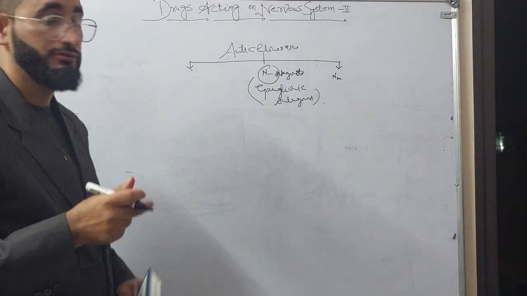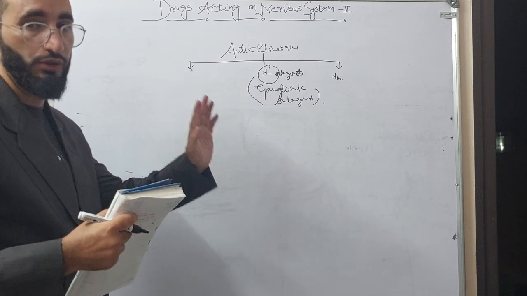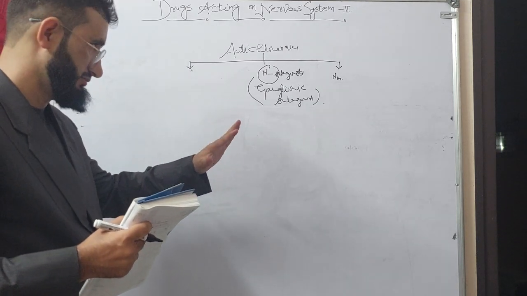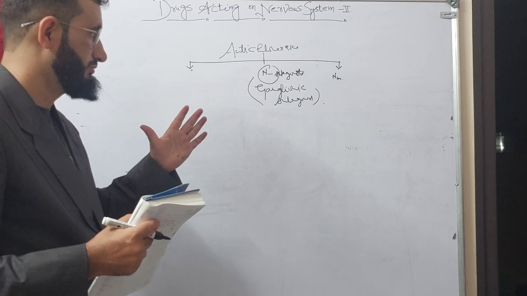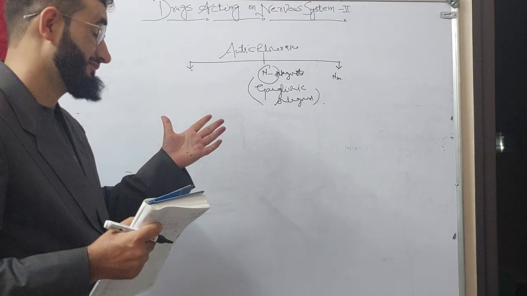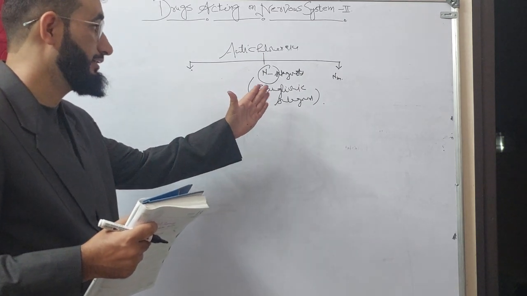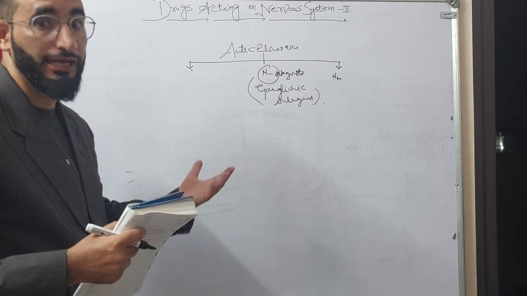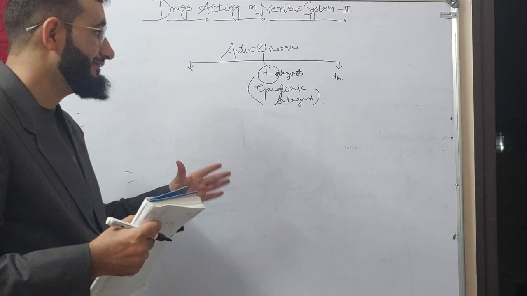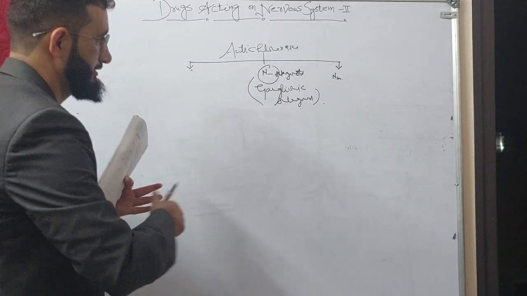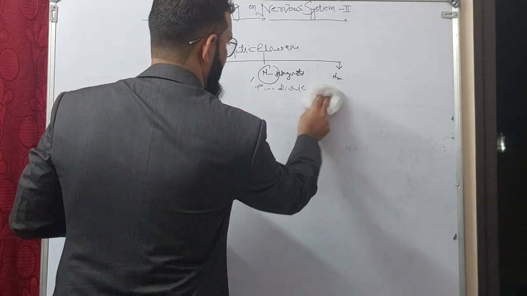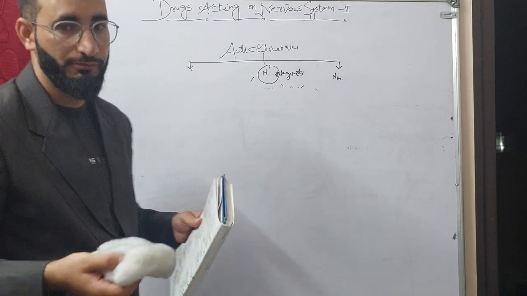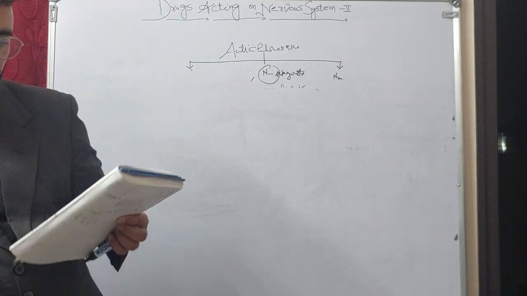Actually, we also have to see the ganglionic agonists. I'm not going to explain the nicotinic agonists, that is the ganglionic stimulants, as well as ganglionic antagonists here, because it will not be feasible to make a separate video on it.